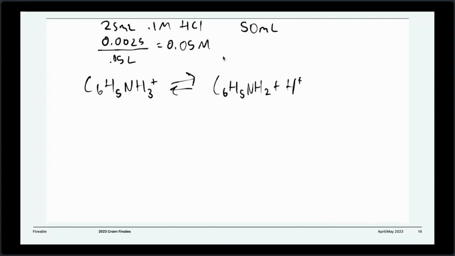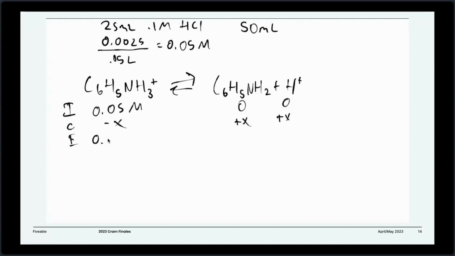So we basically switched it up, and we already have the concentration of our conjugate acid. So we set up an ICE table, and this is going to be 0.05 M, and over here is going to be 0, 0, since we weren't given the moles or the concentration. And since we don't know the x, we don't know what the change is, we do minus x. Over here it's plus x.